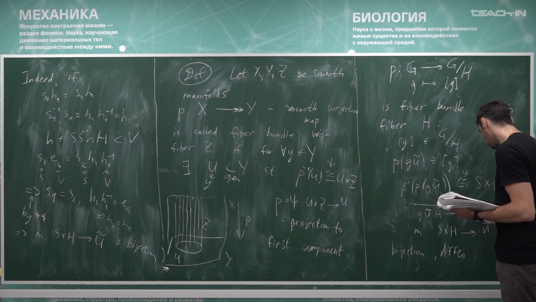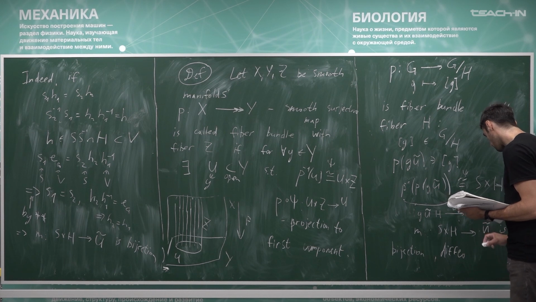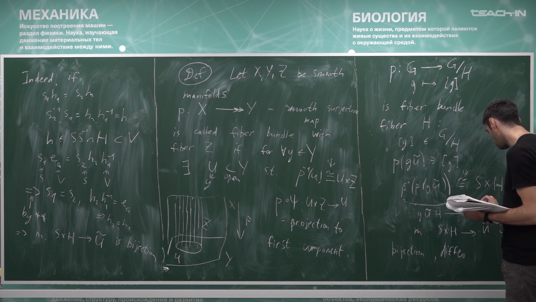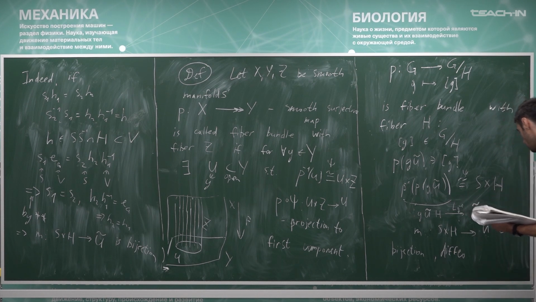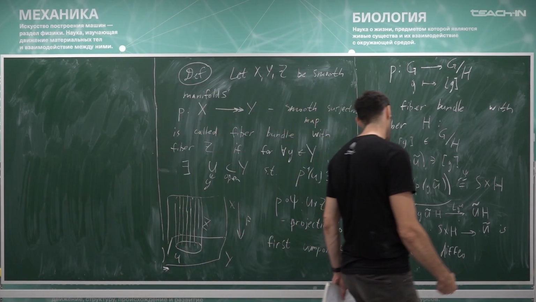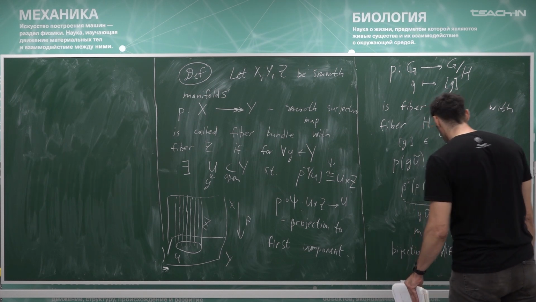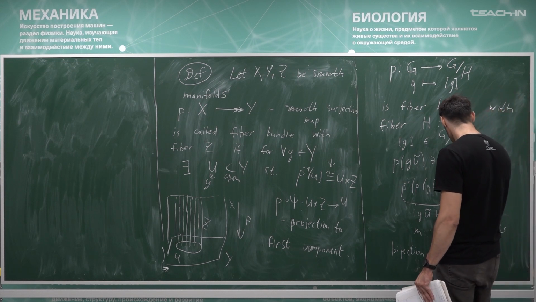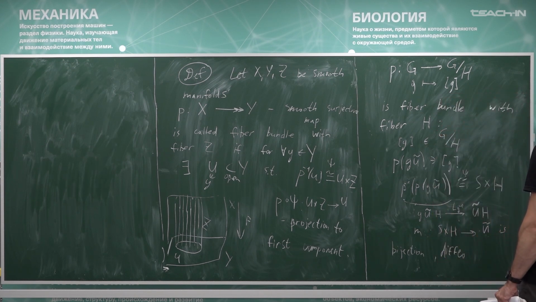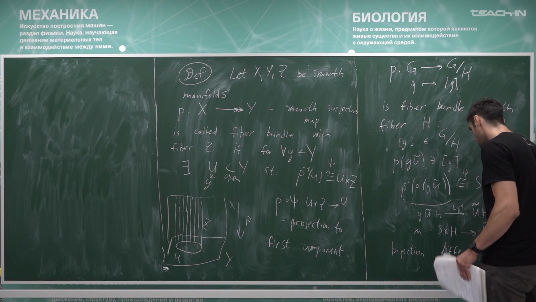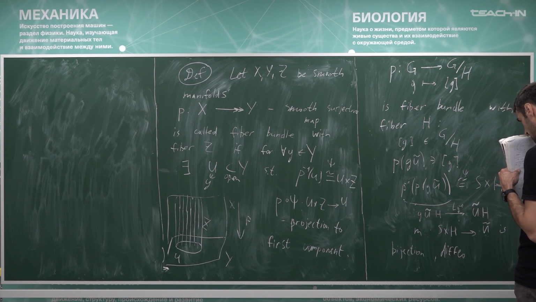I get U tilde H. All right, and then I would like to apply M inverse to get S times H. What I don't like here is this.